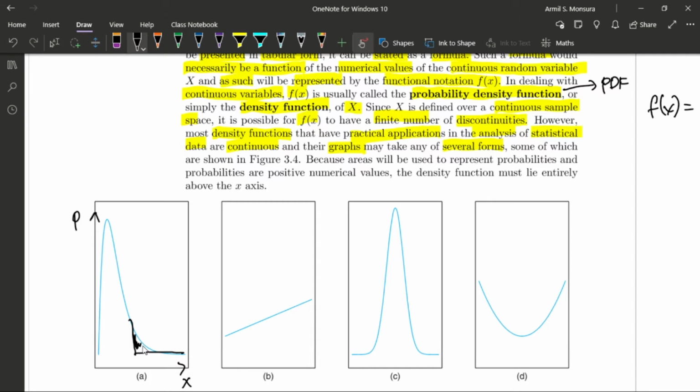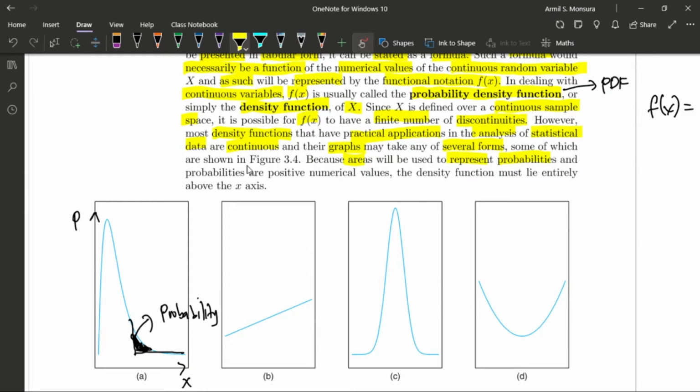So this area must also represent a certain probability. That is why we set our mindset that these areas actually represent probabilities.